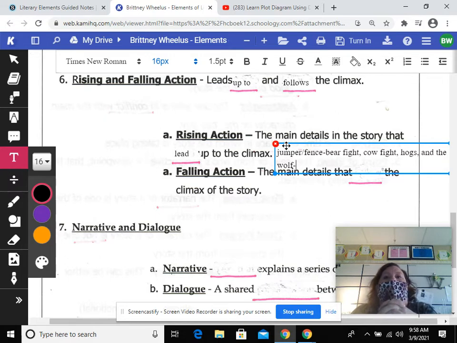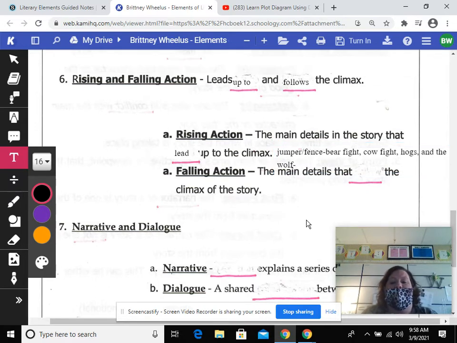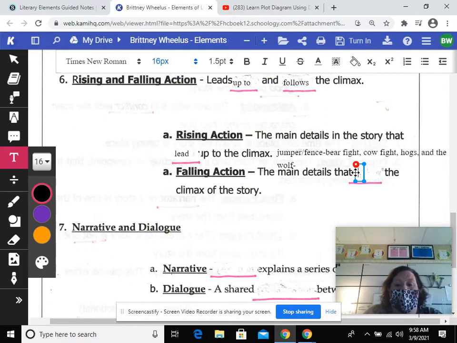Okay, now after we reach the climax of the story, we've got to come down from that. Okay, and when we come down from it, that's called the falling action. The main details that follow the climax of the story.